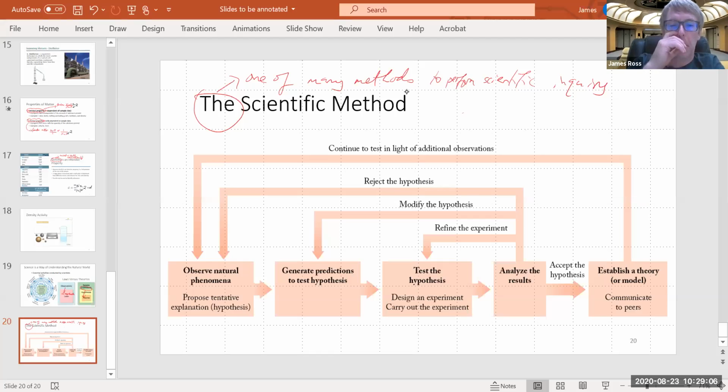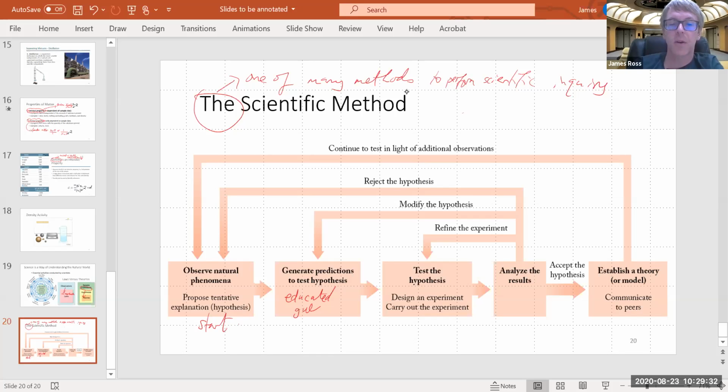So you have a question in mind, something you want to answer because you've observed something. So you've observed a natural phenomenon. So probably you start here. Then you take an educated guess to explain the phenomenon.